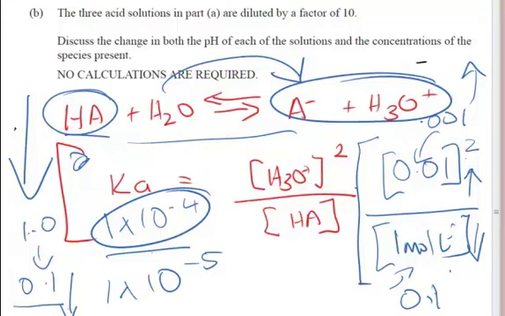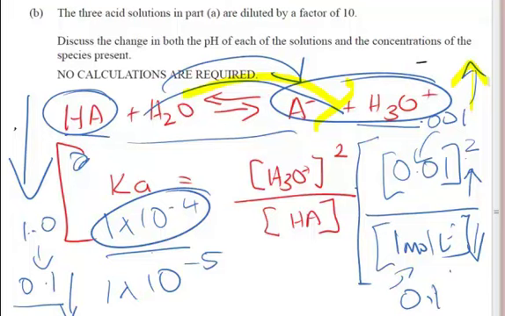This H3O plus concentration obviously has gone down, but because the equilibrium has shifted over to the right, it won't go down as much. So it will increase, but it's still going to be a lot less than it was. So instead of going down by a factor of 10, for instance, it may only go down by a factor of 9. Now, to work this out, you'd need some actual values to put into a Ka expression, and it would take a little bit of trial and error to actually work that out, but it could be done.